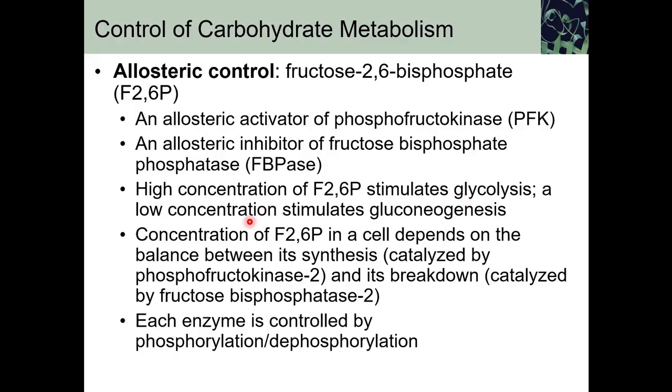Again, it makes sense because if you have low concentration of fructose 2,6 bisphosphate, that means that your cell does not need ATP, and therefore there's no need for you to metabolize glucose.